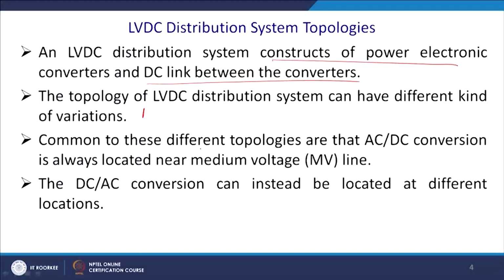Common to these different topologies is that AC to DC conversion is always located near the medium voltage or MV line, and the DC to AC conversion can be located at a different location. So, these are a few issues, and you have to take that power from this point of conversion to the point of load, and thus we have different kinds of topologies.